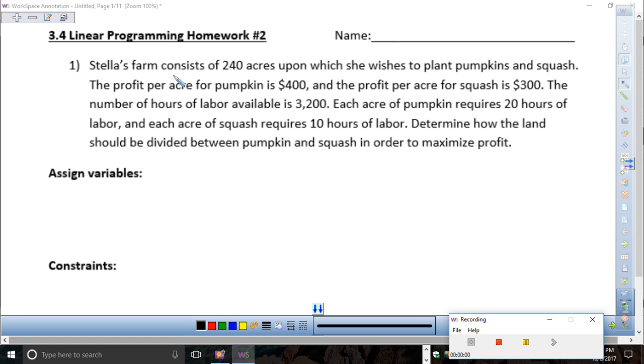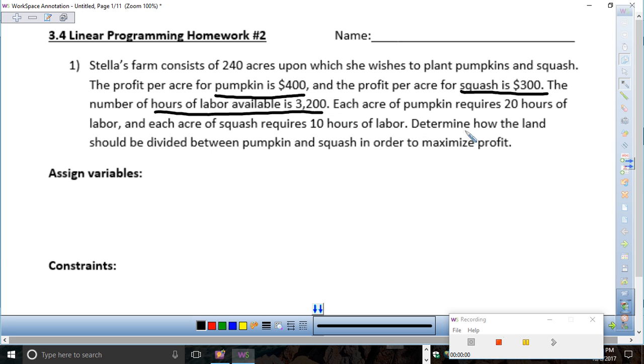Says it consists of 240 acres upon which she wishes to plant pumpkins and squash. The profit per acre for pumpkin is $400 per acre. I'm going to underline that. And the profit per acre for squash is $300. The number of hours of labor available is 3,200 hours.